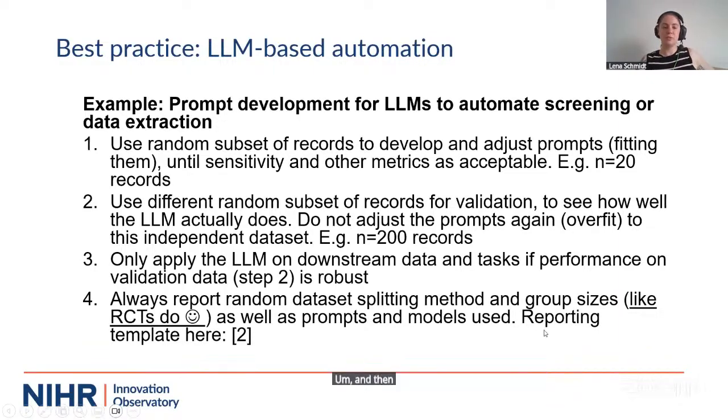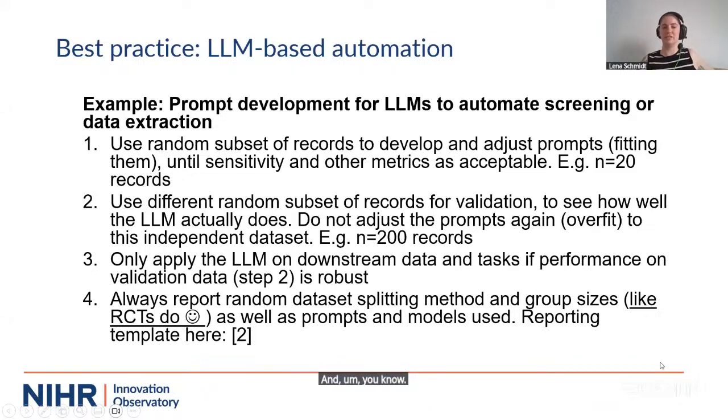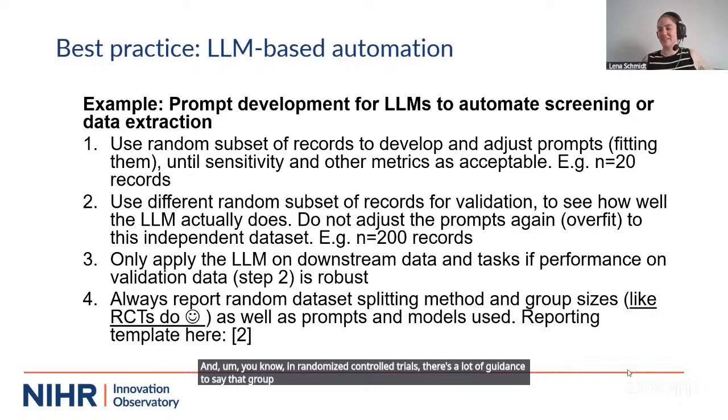And then if you're reporting what you've done with the LLM prompt development and automation, it's really important that you report that you did the random data set splitting and that you also show your group sizes. So here, the 20 and the 200. In randomized controlled trials, there is a lot of guidance saying that group sizes and the method of randomization have to be reported, and for the same reason, we should report it here as well.